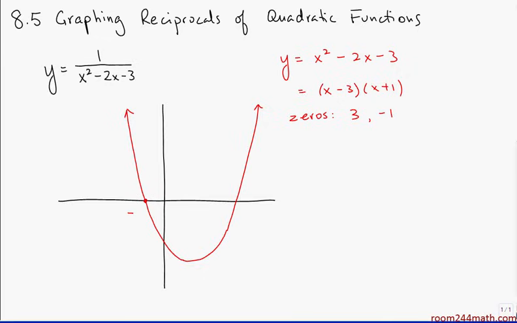So wherever the quadratic is 0, the reciprocal function is not going to exist, and in fact it's going to have a vertical asymptote. So I can put a vertical asymptote going right through those zeros of the quadratic function. That's going to help me sketch the reciprocal function.